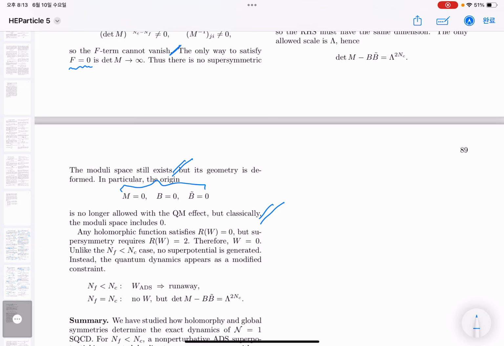So there is a new superpotential for the NF equal to NC case. I will cover this again next time because there are additional cases. Because we only considered these two regions, but there are more regions between NF and NC. Maybe I will cover this next time.